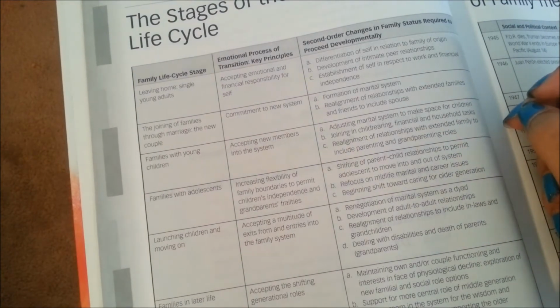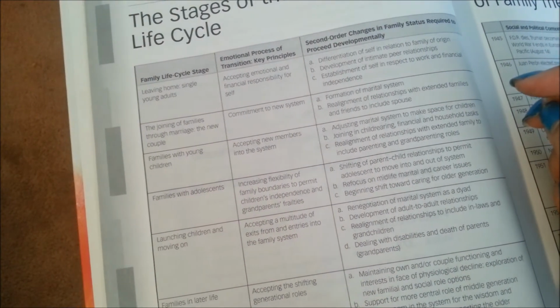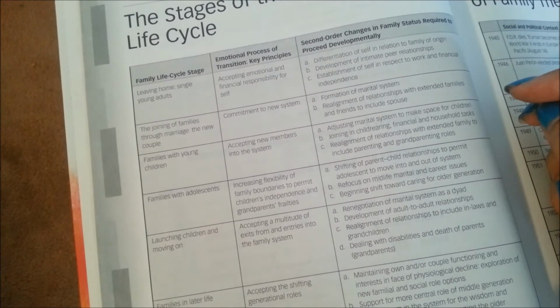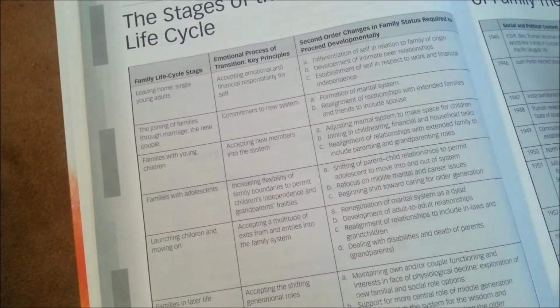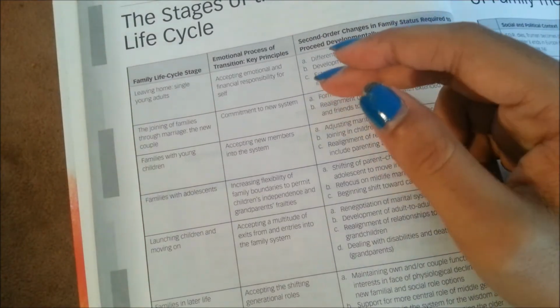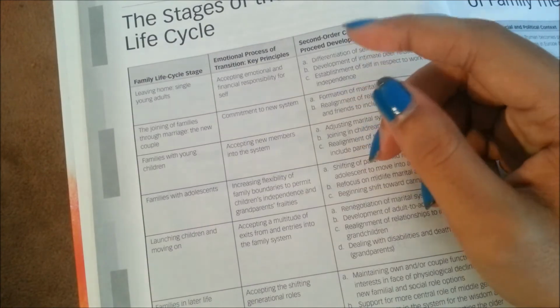And this is all, again, a typical family cycle: people get married and have kids, and then their kids have kids and take care of the kids, very typical, but whatever.